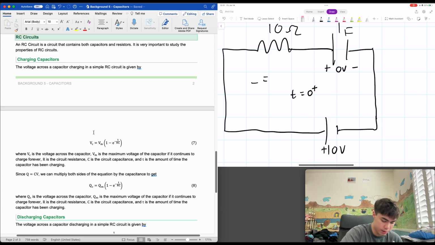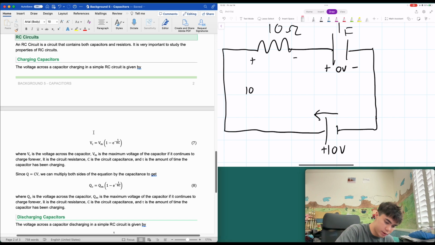If we do KVL, then we get, moving here, plus 10 volts. And then here we drop some voltage across the resistor. And that voltage is going to be 10 times I, the current.